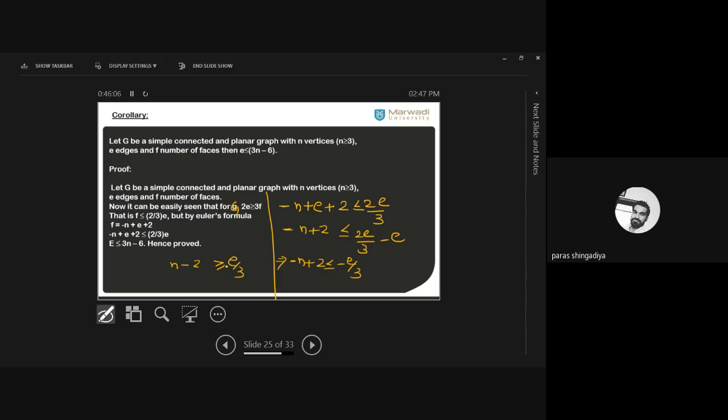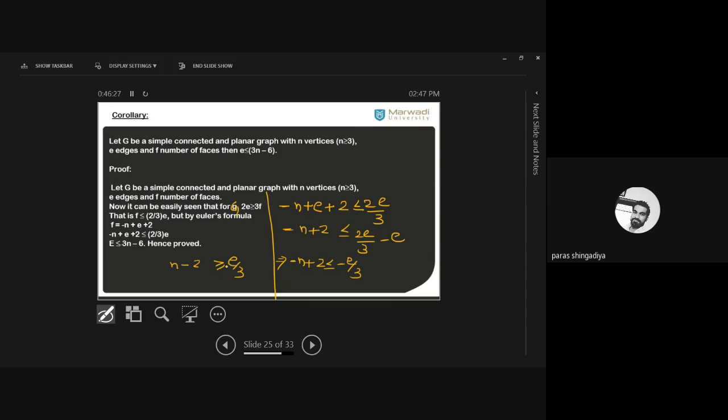When we apply the negative sign, the inequality will change. If it is less than or equal to, it will convert to greater than or equal to. If it is greater than or equal to, it will convert to less than or equal to. So here it will become greater than or equal to, and minus e by 3 will be converted to plus e by 3. Okay, is it clear?